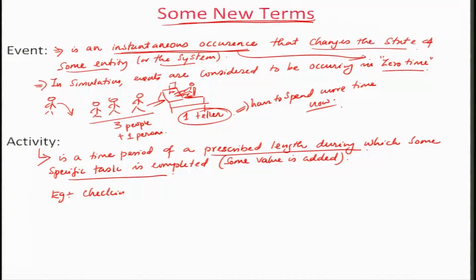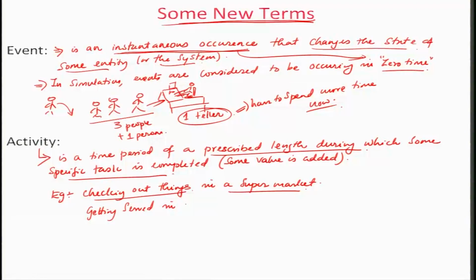checking out things in a supermarket. So, you bought things, you took them to the cashier and you are checking them out in the supermarket. Then another one is that you are getting served in a restaurant.